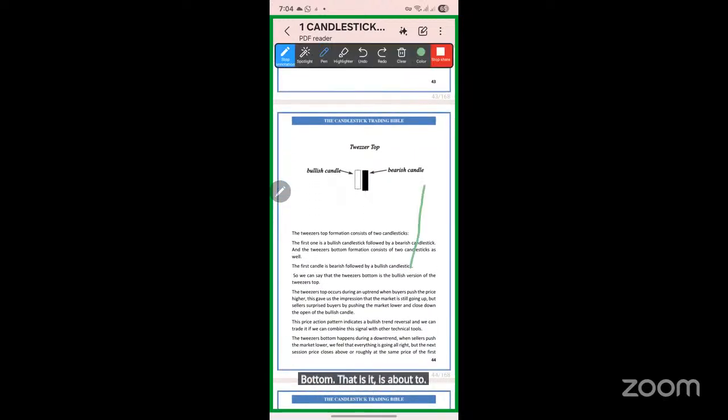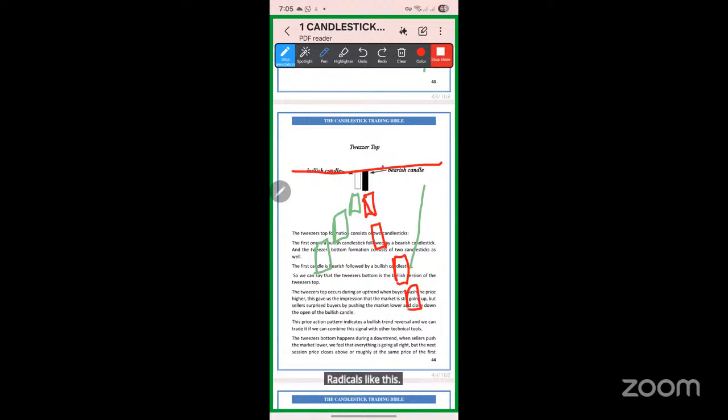Now look at the tweezer top. The market trend is upwards like this. After it trends upwards, at the top here, it starts forming red candles like this.